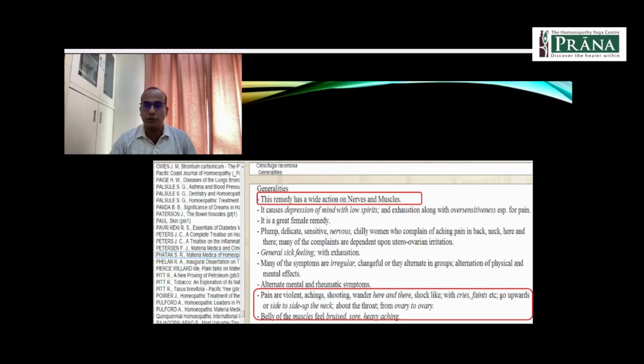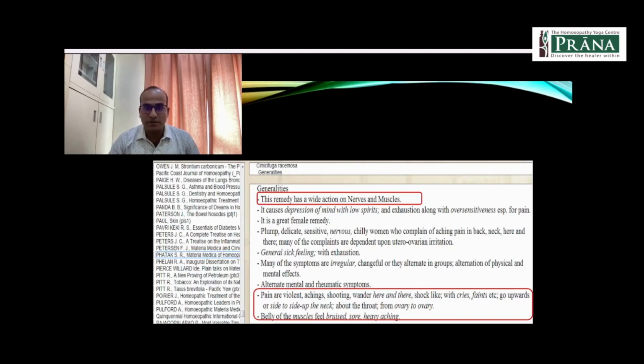Nerves are involved, and the action is on muscles. He writes further about the pain: violent, aching, shooting, shock like, which goes upwards or side to side, in the neck. How interesting, the exact symptom we can find in the Materia Medica.